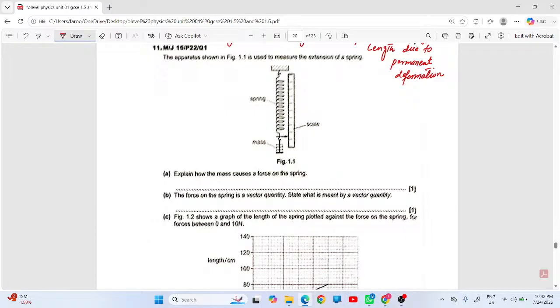Weight pulls the spring downward. जी, tension.